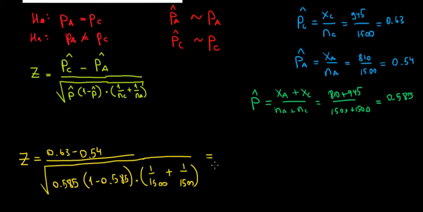Now if we solve the math over here, we're going to get a value of 5. Our z-value is going to be equal to 5.